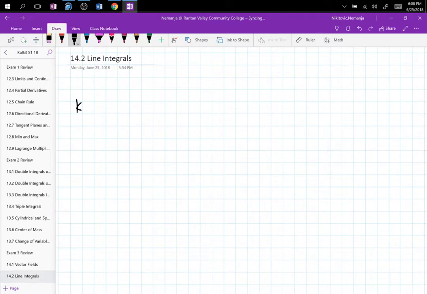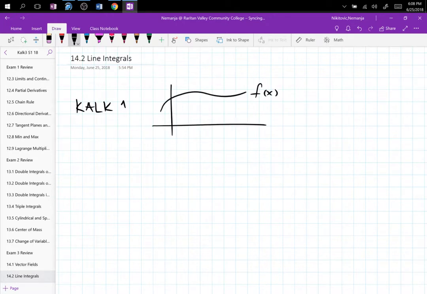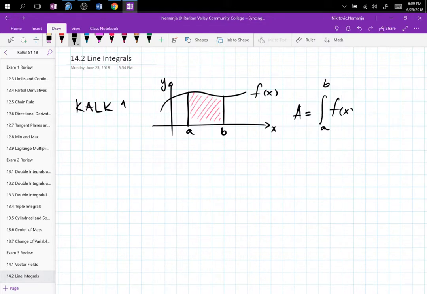So, we know from Calc 1 that if you have a function f of x from a to b, and the function is above the x-axis, the integral from a to b of f of x dx is going to calculate the area of the shaded region.